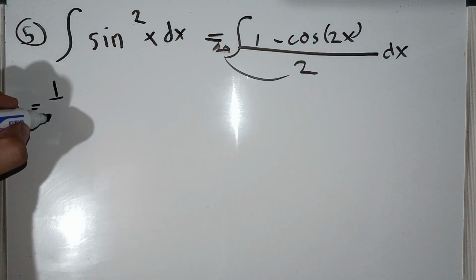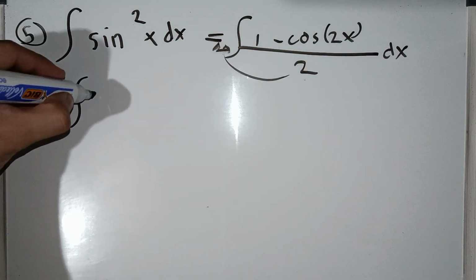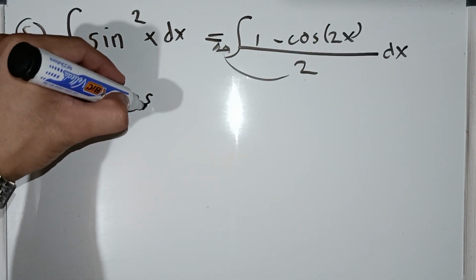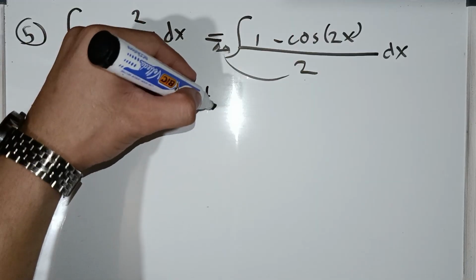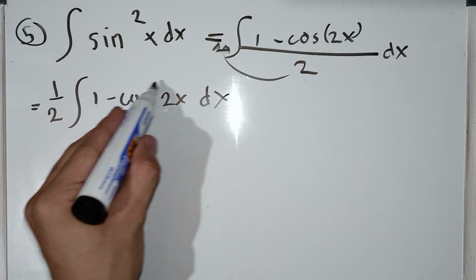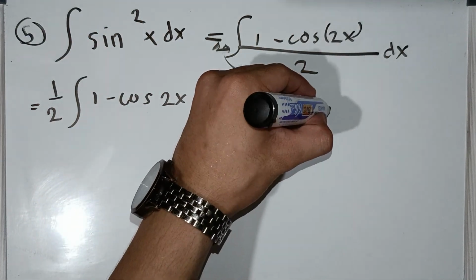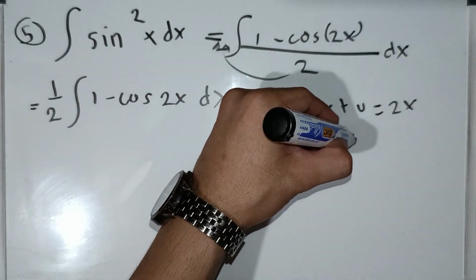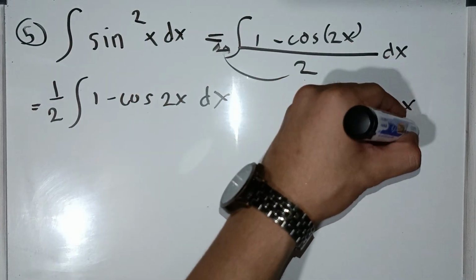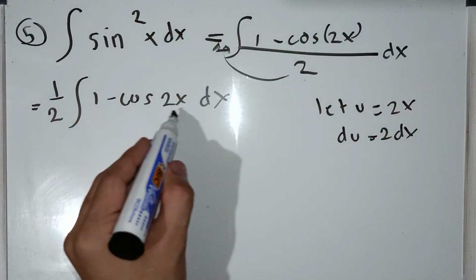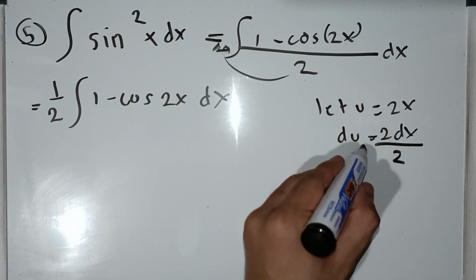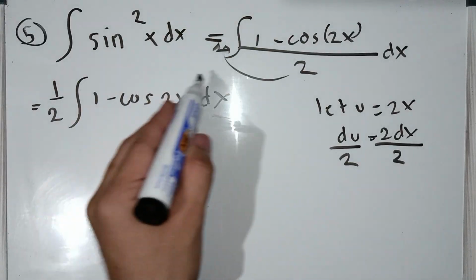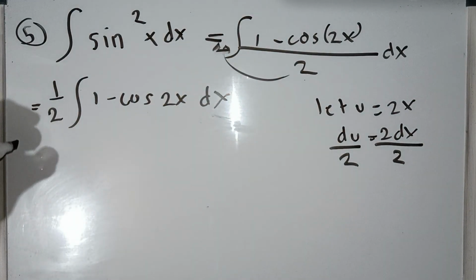So it's equal to 1/2 the integral of 1 minus cosine 2x dx. So we have now 1 minus cosine 2x dx, so let u equal 2x, so u is equal to 2x and its derivative is equal to 2 dx. And again, we only need that dx there, so let's divide this by 2. So we have now this one and this one, so let's proceed to integration.